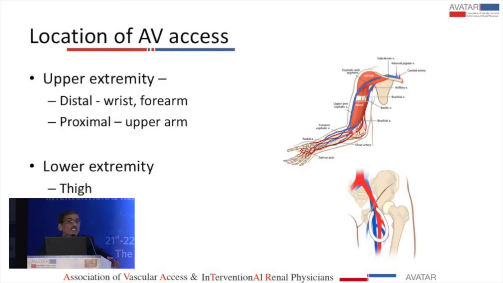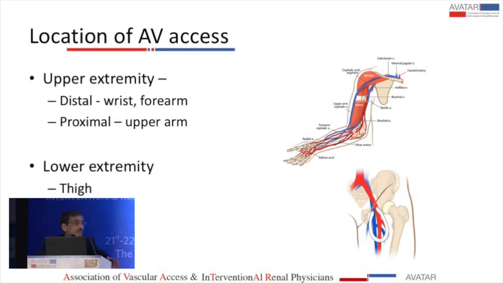And the access that we start off with are the conventional arteriovenous fistula, and if the conventional arteriovenous fistula are unable to be created, then we move on to transposed arteriovenous fistulas. The conventional arteriovenous fistula is generally a one-stage surgery.